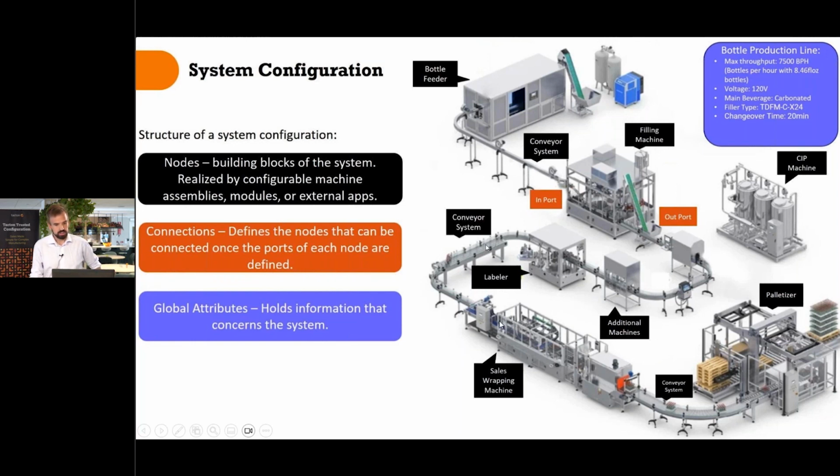The last part of the key things in system configurations are the global attributes. And global attributes are holding information that is essential to every single part or every single node in this system. Typically on a bottling line like this, it can be what is the maximum number of bottles we can produce.